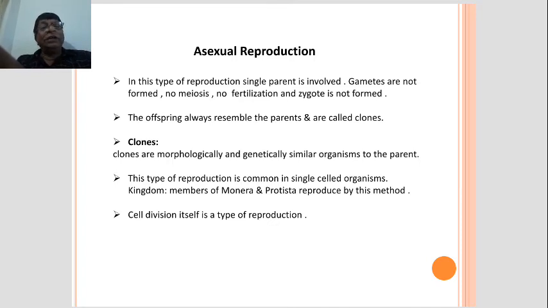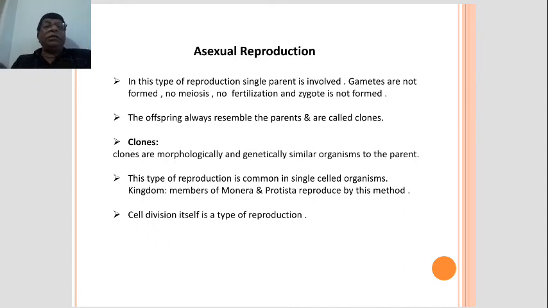Gametes means the sex cells, sperms and eggs, are not formed or produced. Then, meiosis never takes place. There is no meiosis, no fertilization, and the zygote is not formed. Okay.